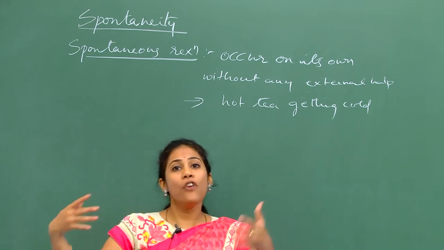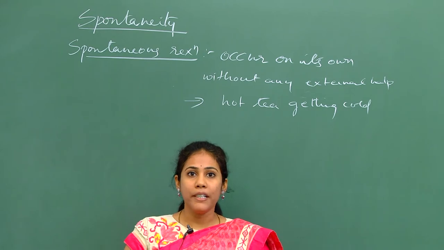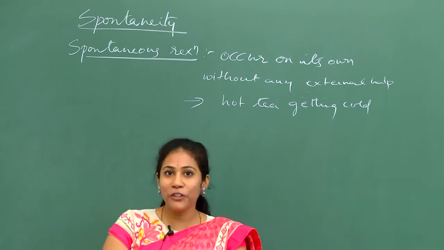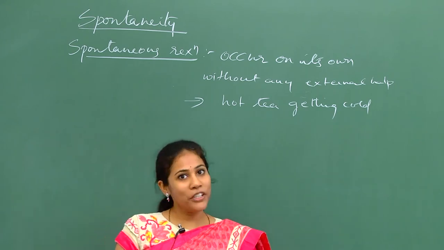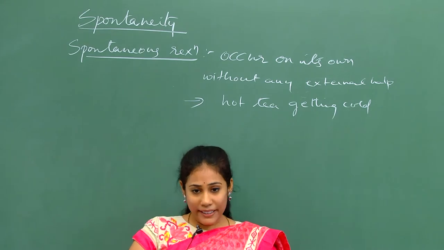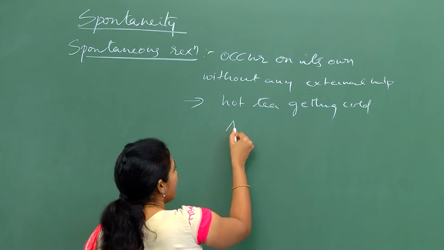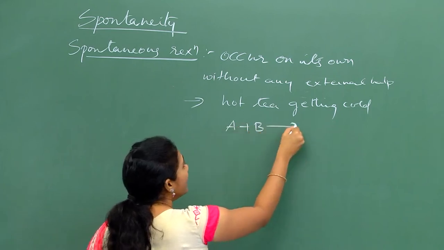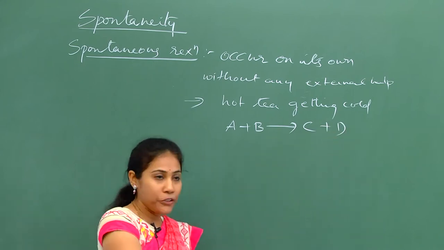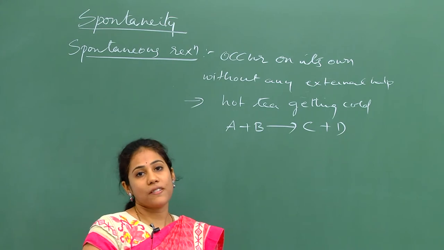And the flowing of a waterfall, how does it flow from top to bottom? It happens on its own. See, nobody is there behind to push the water to go down. It happens on its own. So this is a spontaneous reaction. So in chemical reactions also, the moment you add two substances, automatically if you get the products, such reactions are called spontaneous reactions.